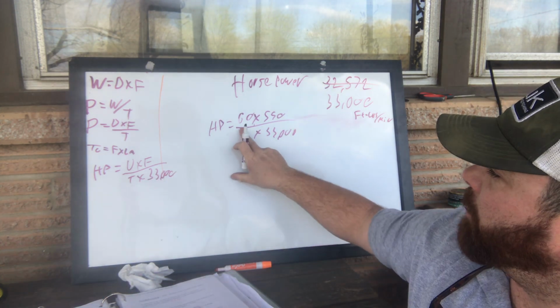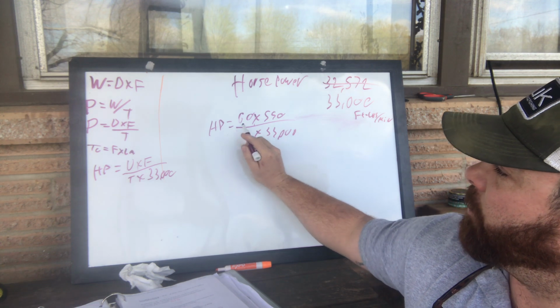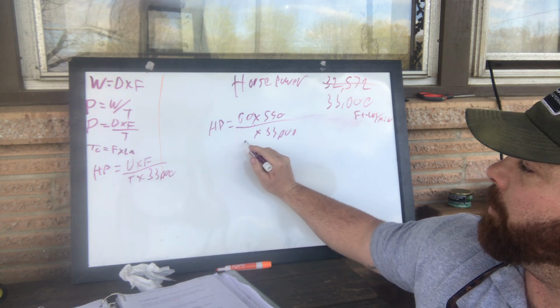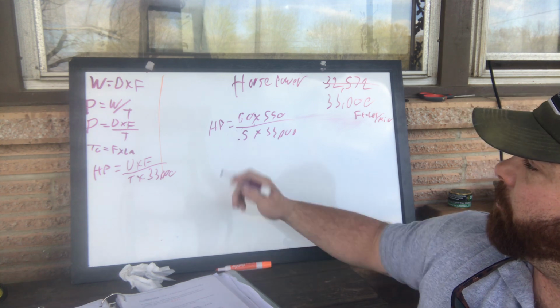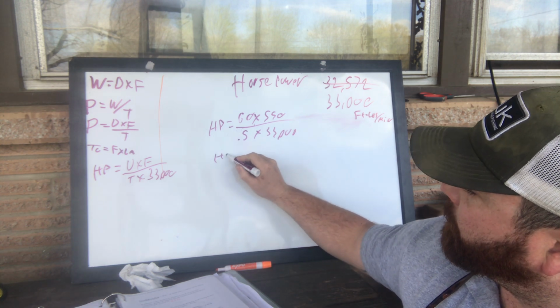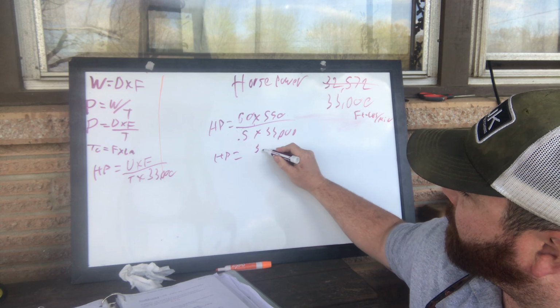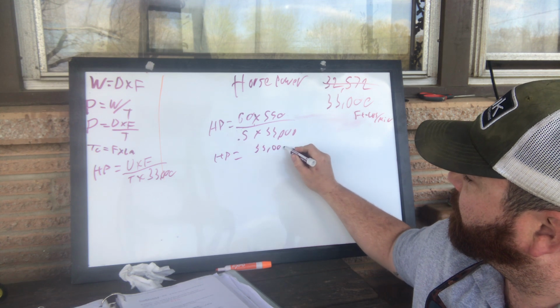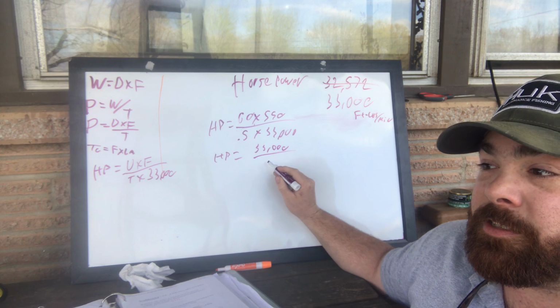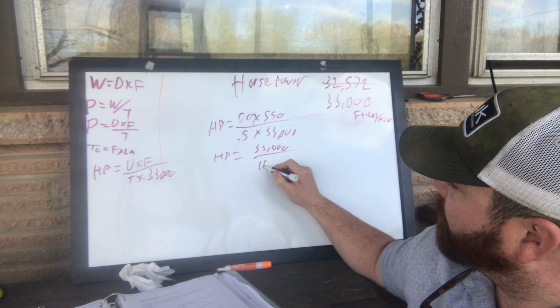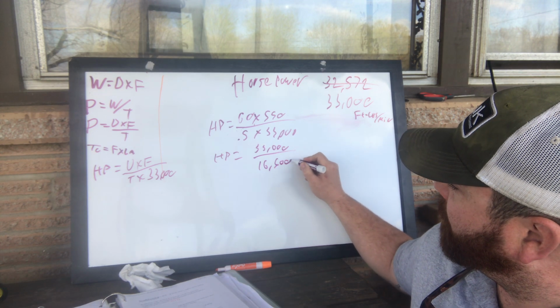Well, say we move to a bigger tractor, and instead of taking 1 minute, it takes half a minute, 0.5 minutes. So then what we end up with is HP equals 33,000 divided by 16,500.